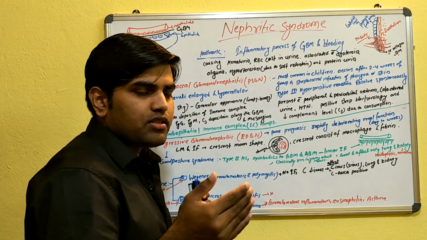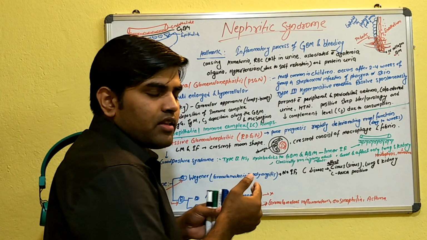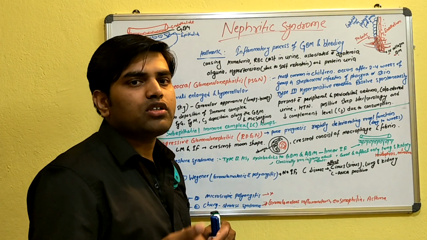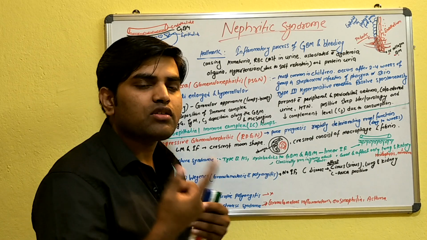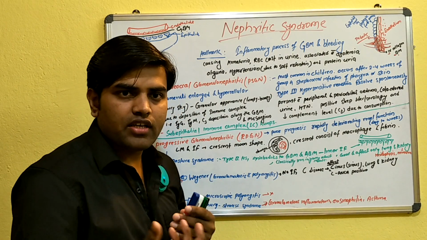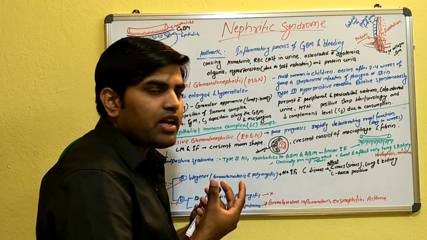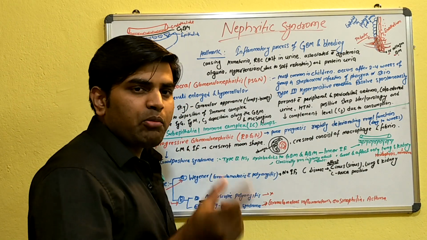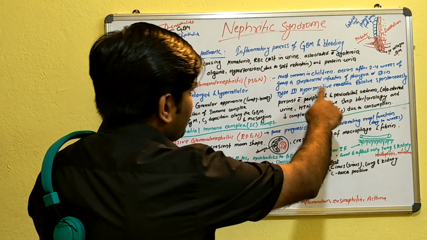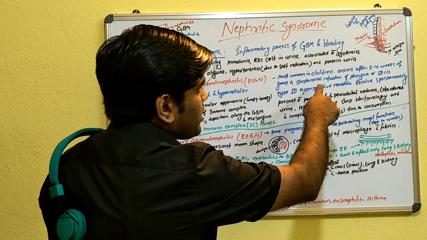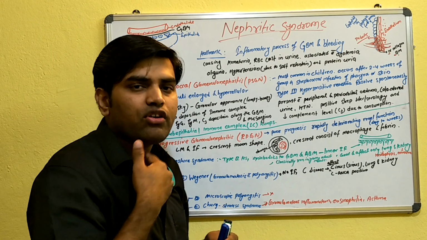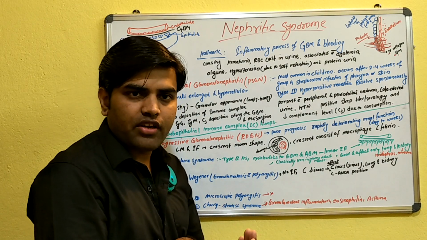So if they say Group A, you have to understand they are talking about Streptococcus pyogenes, which is the most common organism to cause pharyngitis. If there is pharyngitis, then 2 to 3 weeks after, due to molecular mimicry, there will be a type 3 hypersensitivity reaction. First, understand that the Group A streptococcal infection may be either pharyngitis or a skin infection.